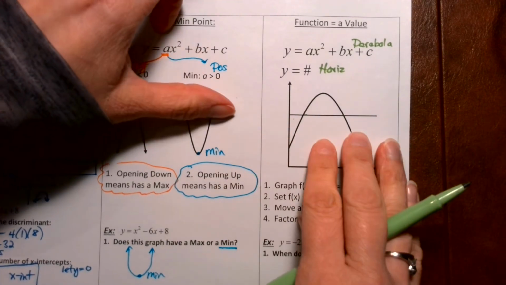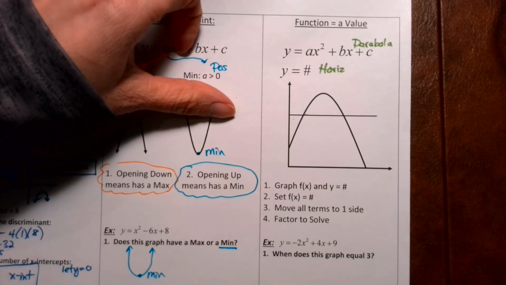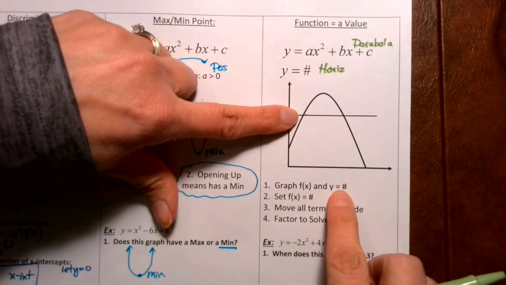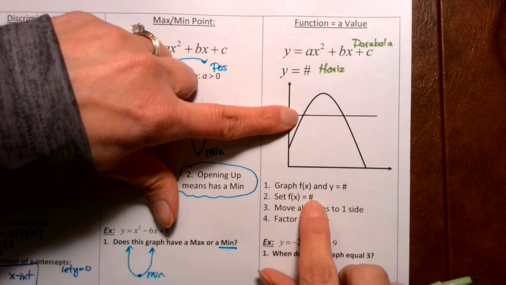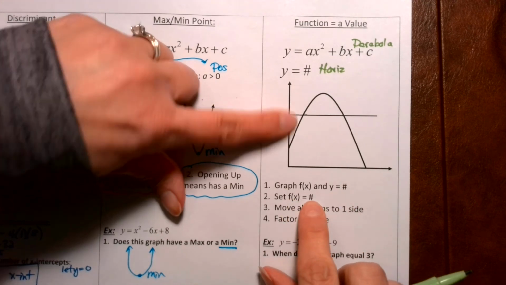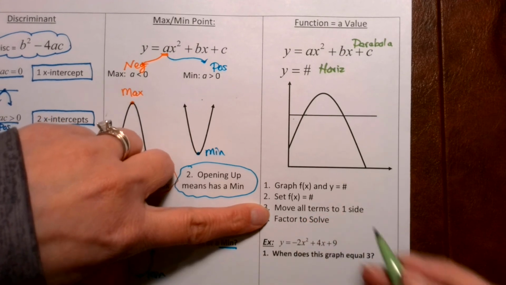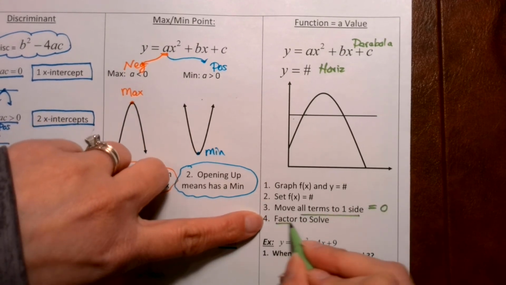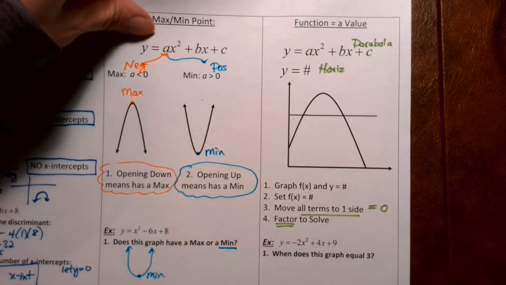It cannot touch a parabola 3 times. So what you do is you graph the parabola and you graph the horizontal line. We set f of x equal to the number. You move all the terms to one side, then you have equals 0. And then, of course, we're going to factor to solve.